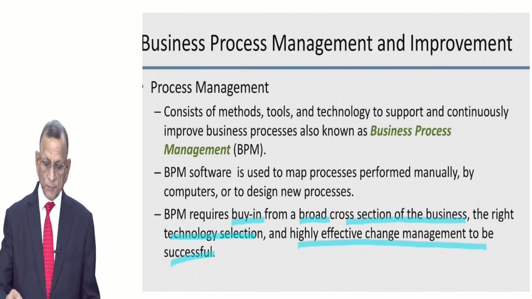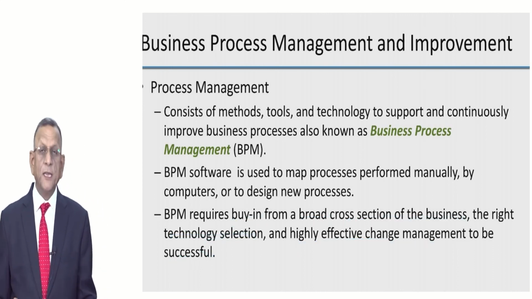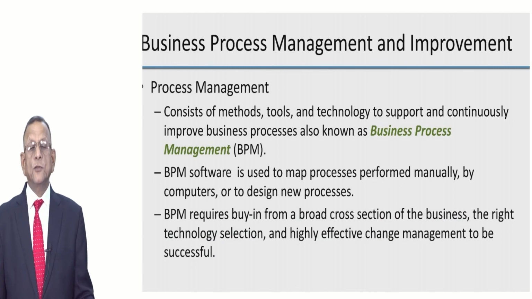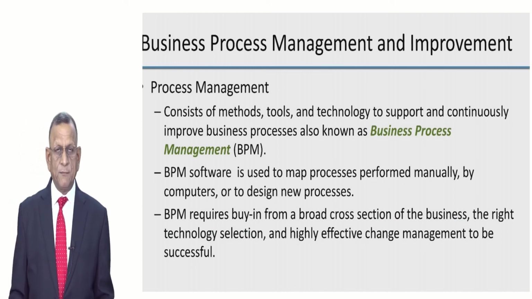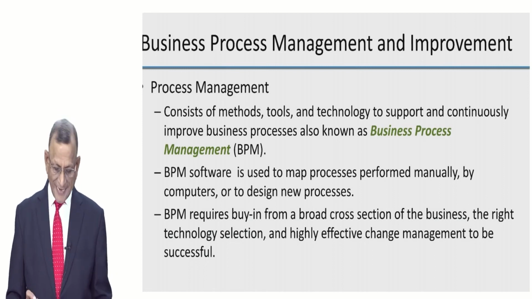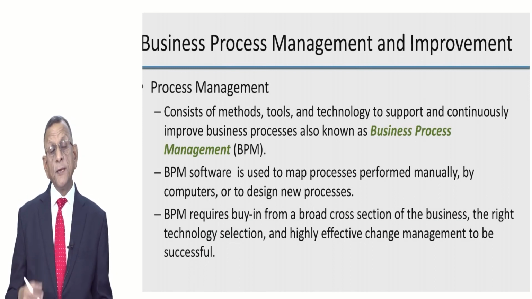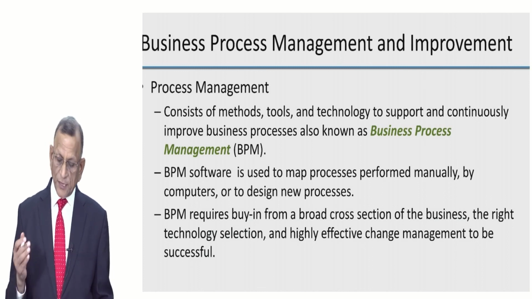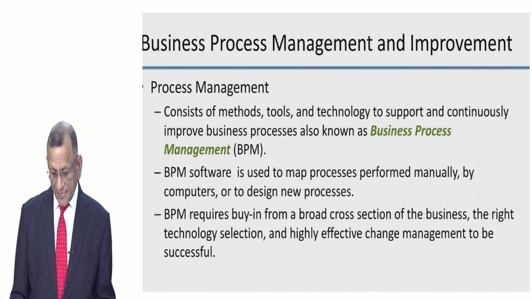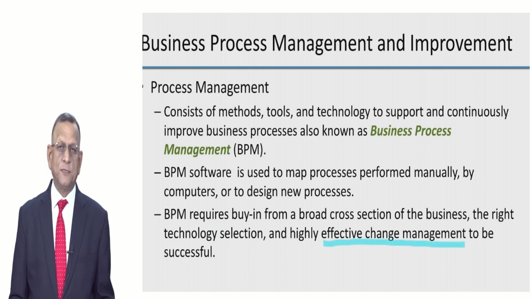Now the question is how this business process management will be done. So top management should agree. There should be a buy-in by the top management, and every section in the business should be happy and ready to do that, and it needs effective change management.